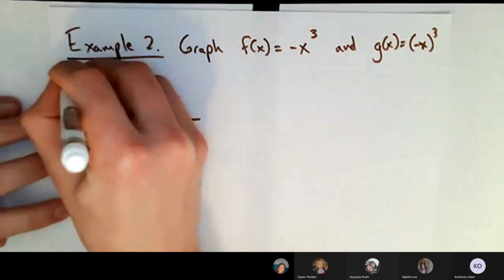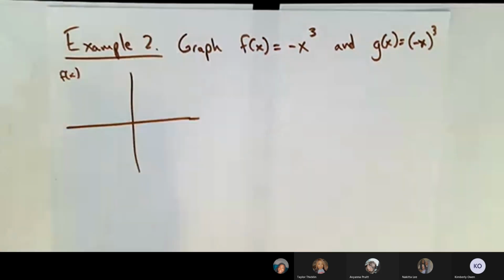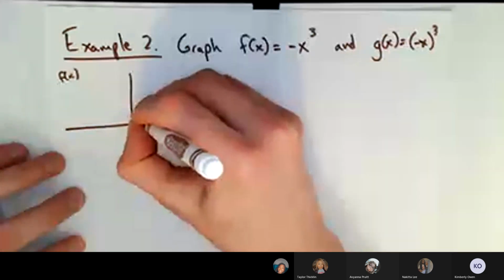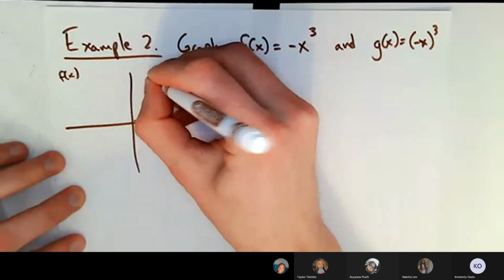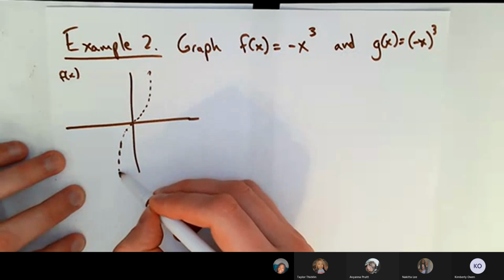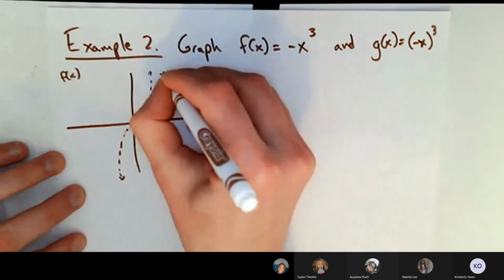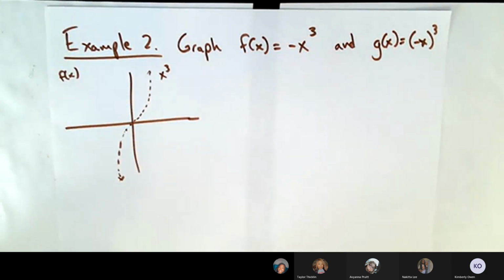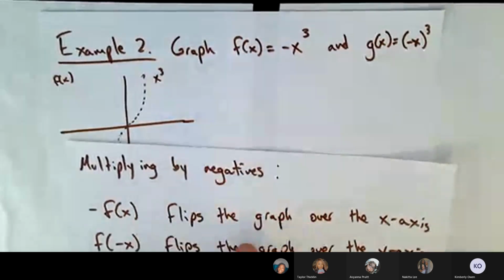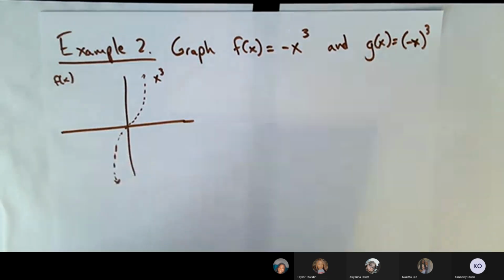I'll put f of x over here, f of x graph over here. So I've got to know what x cubed looks like. And it's sort of almost like a half parabola on that side, and then the other side points down. So there's my x cubed base graph. And now I go look at my rules that say, okay, when I stack a negative outside the base function, just like this first part here, I flip the graph over the x-axis.